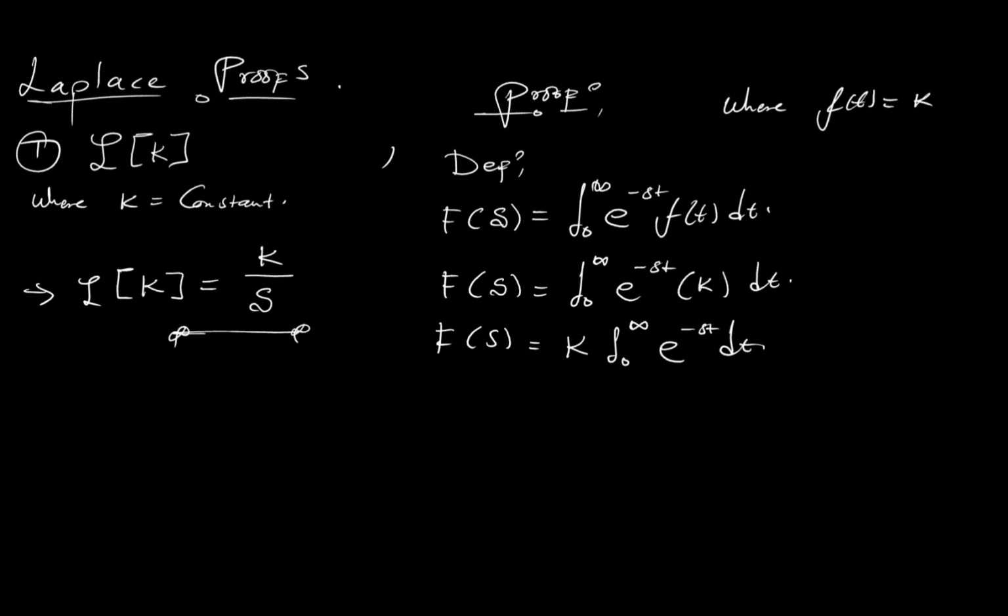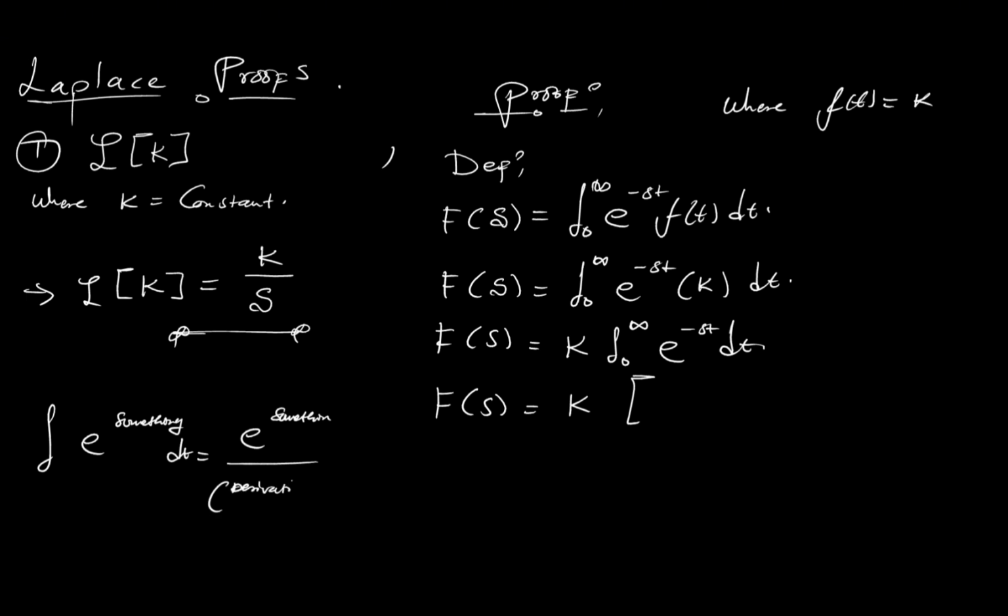The integral of e to the minus st is going to be, we'll have k, and we'll have the same thing. Remember, if we're integrating e to the something dt, this is always e to the something over the derivative of something, then plus the constant of integration.